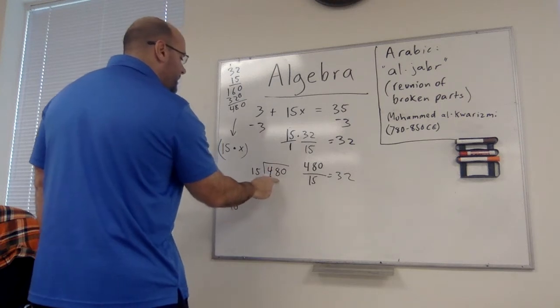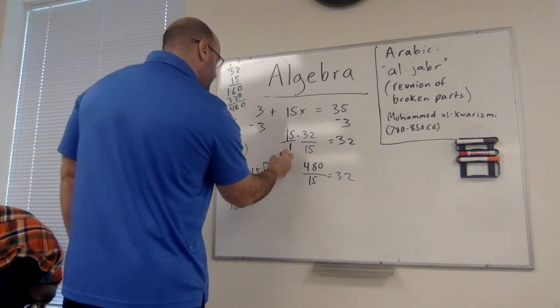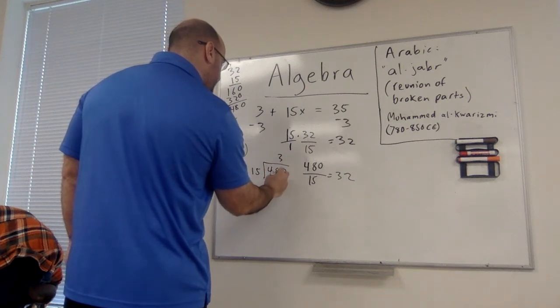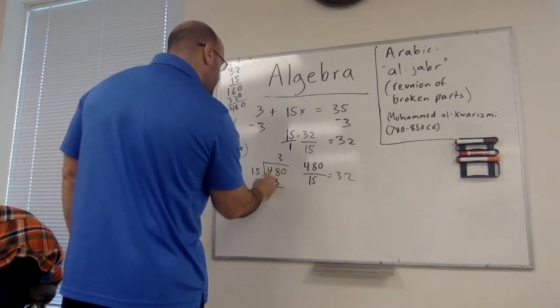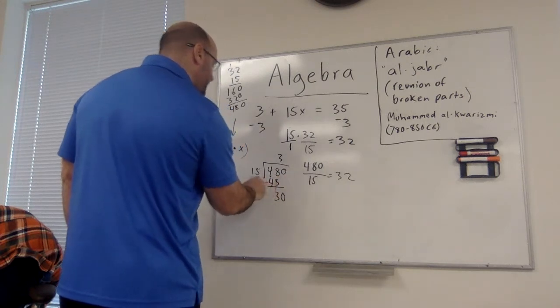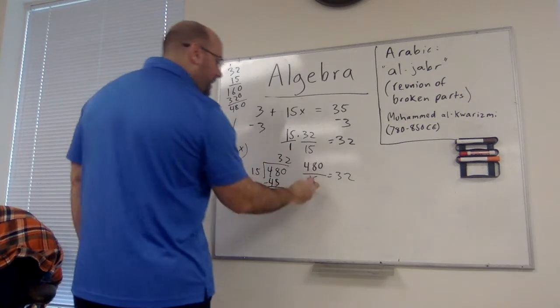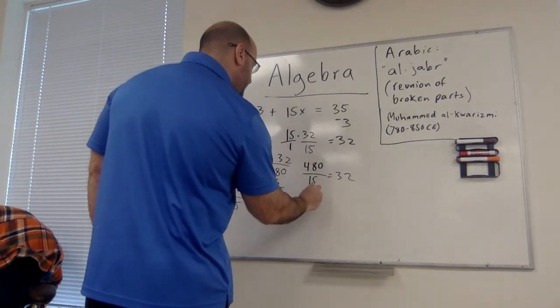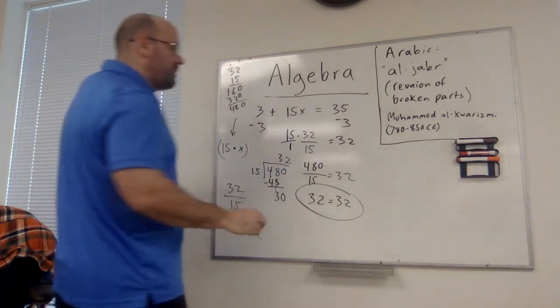This is your dividend, this is your divisor, and this will be your quotient. It goes in 3 times 48. Nope, 45, sorry. Subtract that. 48 minus 45 is 3. Bring down the 0. 15 goes into 30 twice. Yep, 480 over 15 does boil down to 32, and 32 does equal 32.